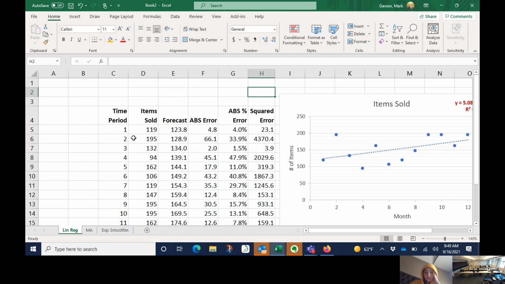But the problem with that is, for one product, that's good enough. If I have 10 products and they have different volumes, let's say one sells 100, one sells 1,000, one sells 10,000, with my mean absolute deviation I can't compare the two, right? So that's why we make it a percent, because now I can compare percents.